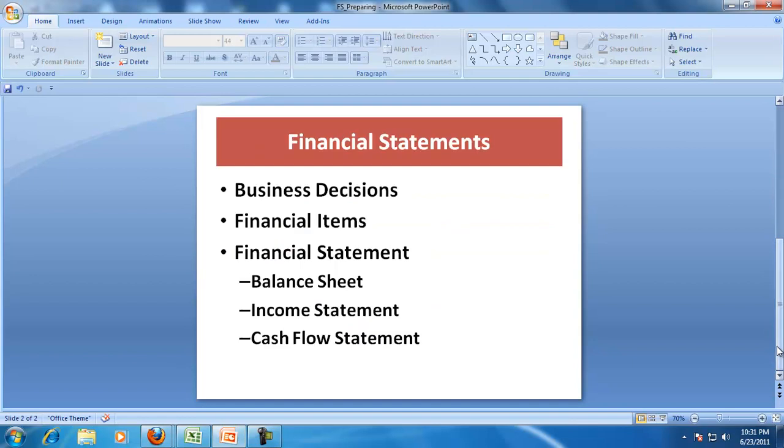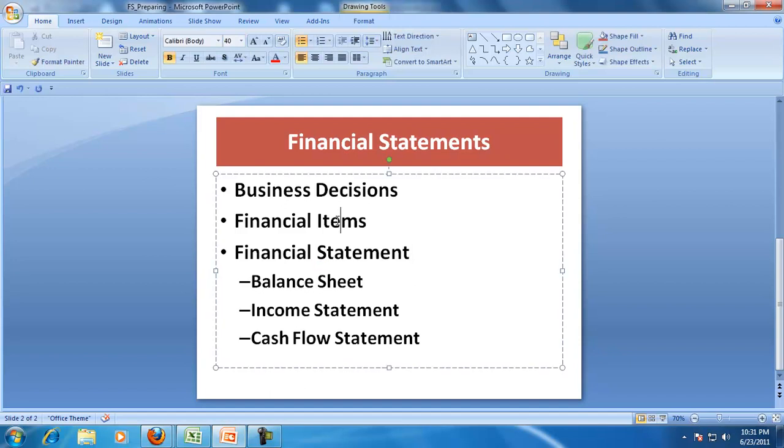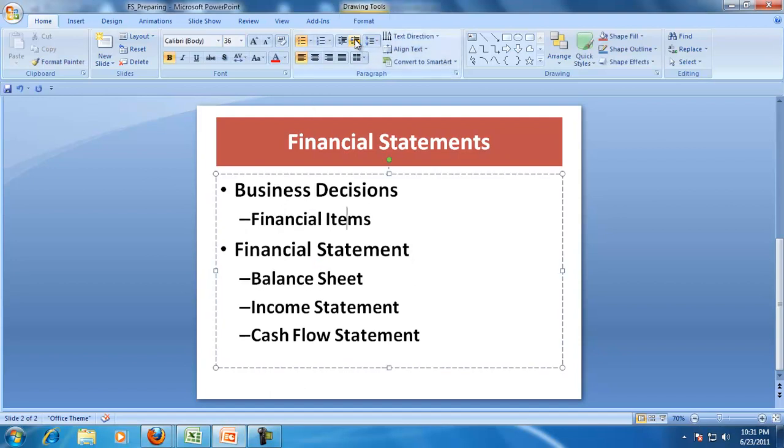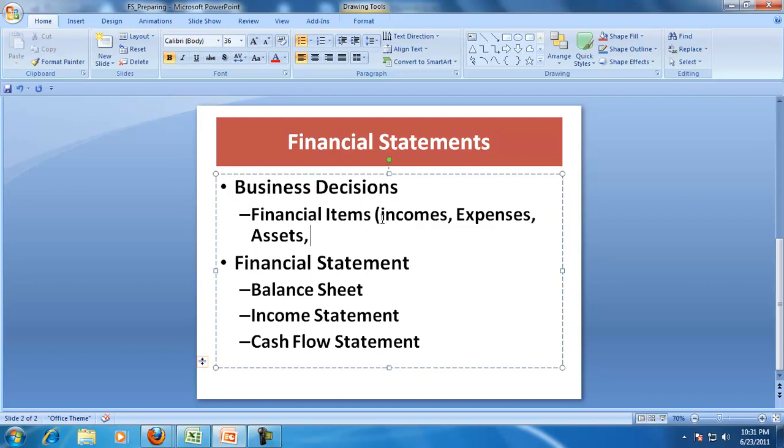Let me recap. We said that every business decision will involve financial items, and all these financial items, that is the incomes, expenses, assets, liabilities, and equity, will find place in the financial statements, and the financial statements are balance sheet, income statement, and the cash flow statement.